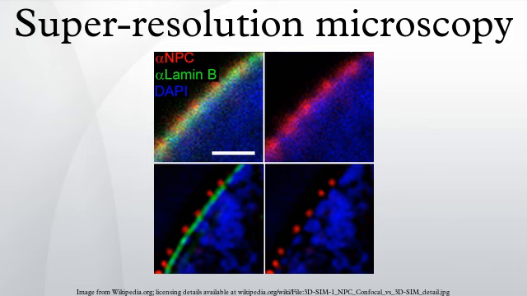Direct stochastic optical reconstruction microscopy, D-STORM, utilizes the photoswitching of a single fluorophore. In D-STORM, fluorophores are embedded in an oxidizing and reducing buffer system and fluorescence is excited. Sometimes, stochastically, the fluorophore will enter a triplet or some other dark state which is sensitive to the oxidation state of the buffer.